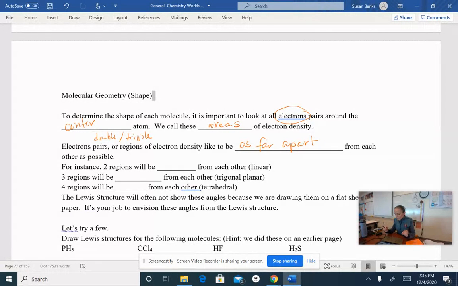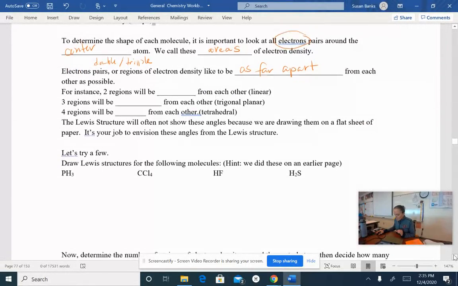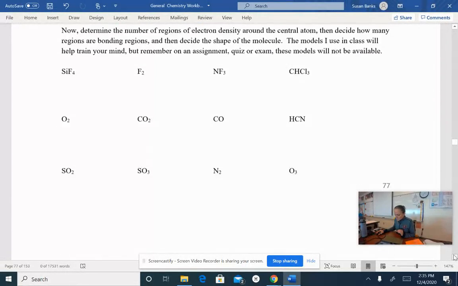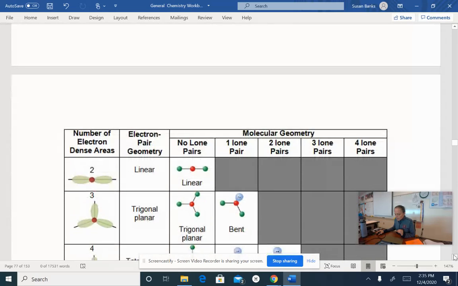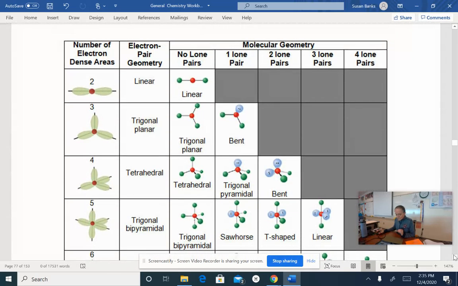So to do that, geometry speaking, let's scroll down to this chart on the next page. These are the shapes that we will get, and we're really only going to pay attention to these first three areas. Let's look at this first one. If I have two areas of electron density, the farthest I can get them away from each other is on opposite sides of each other.